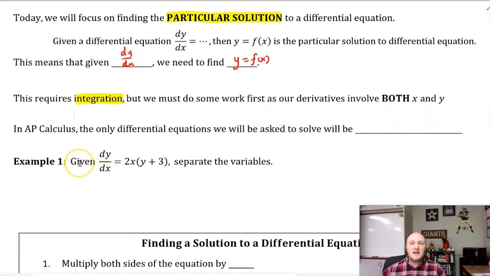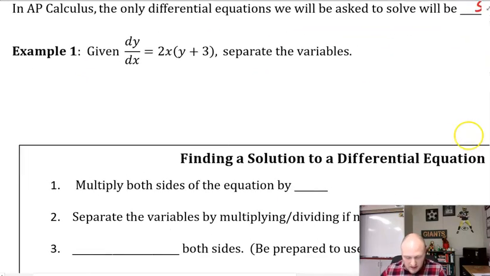So in AP Calculus, the only differential equations that we'll be working with or asked to solve, they will be separable. So in order to integrate, we first have to separate x and y. I'll show you example number 1 here. dy dx is equal to 2x times y plus 3. Go ahead and separate the variables.